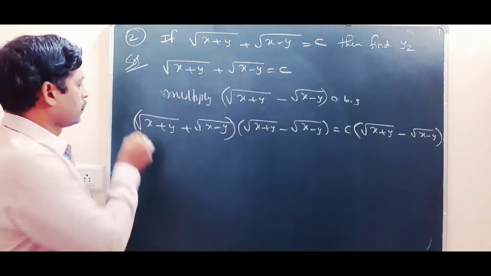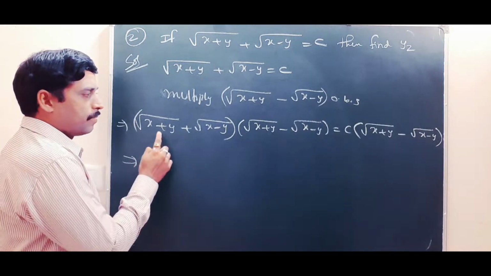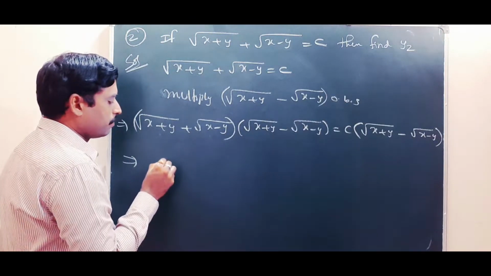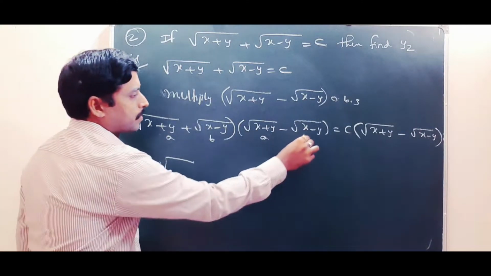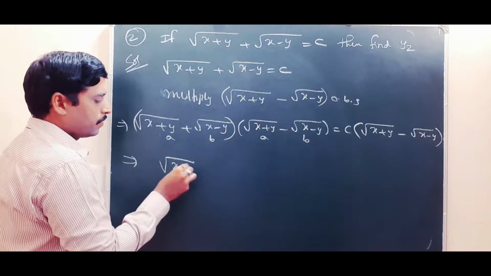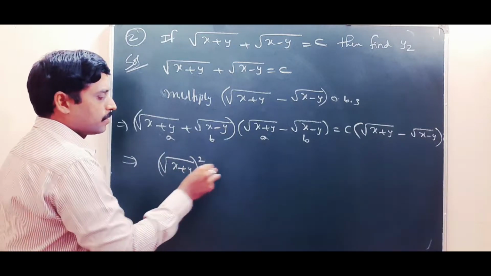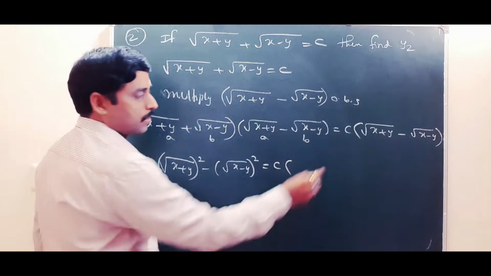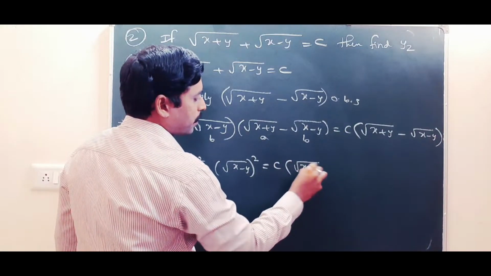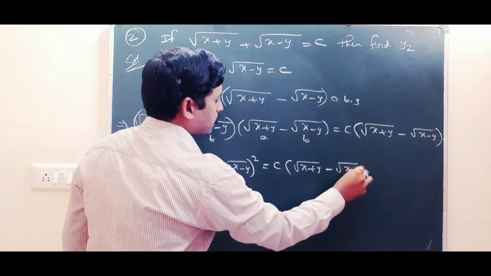Okay, we should apply the formula a plus b into a minus b equals a square minus b square.